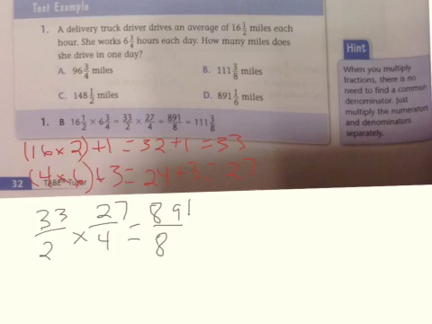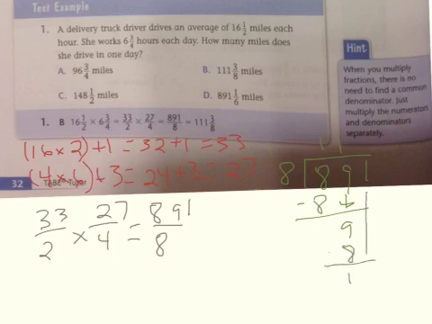And then we're going to simply divide 891 by 8. We know 8 will divide into 8 one time. Simply bring down the 9. We know that 8 will divide into 9 one time. Simply bring down the 1. It's going to give us 11, and then 8 will divide into 11 one time.